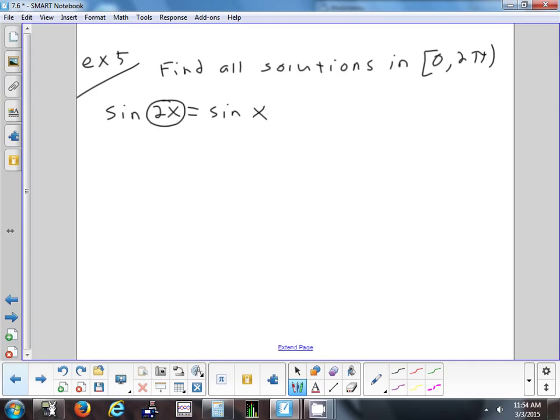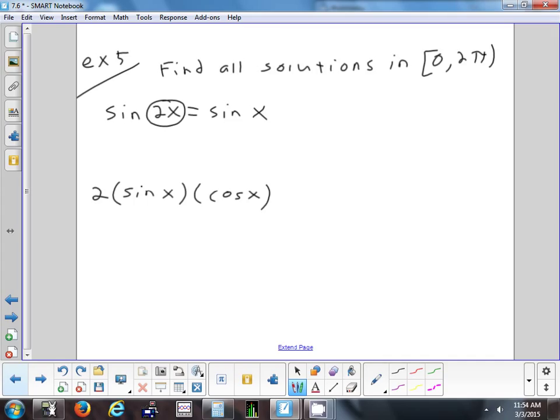Anybody remember our identity from yesterday to do that? Yeah? 2 sine x times cosine x. Good. 2 sine x cosine x.